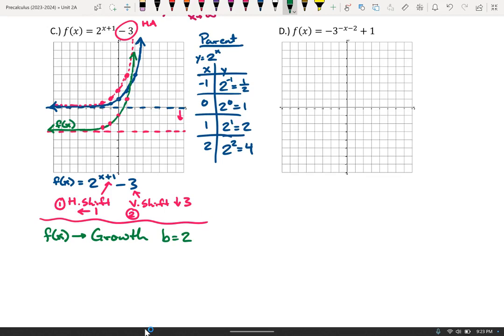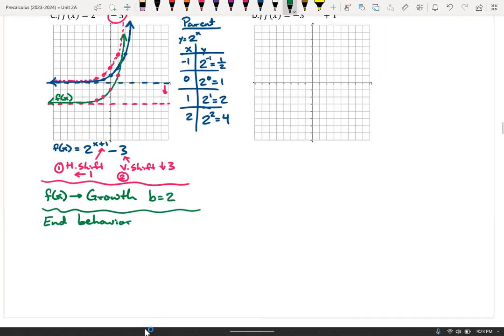All right. Let's talk about our end behavior here. So end behavior, and that's going to be from the left and from the right. So end behavior on the left. So the limit as x approaches negative infinity of this function f of x.